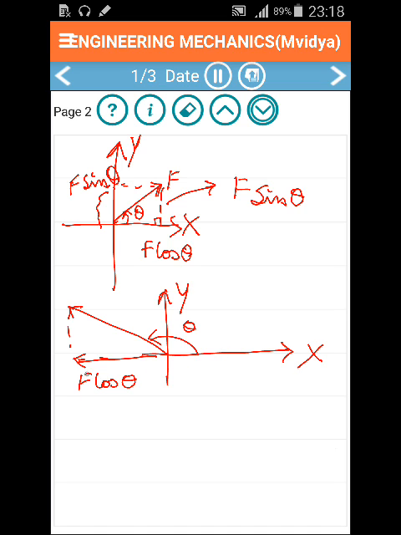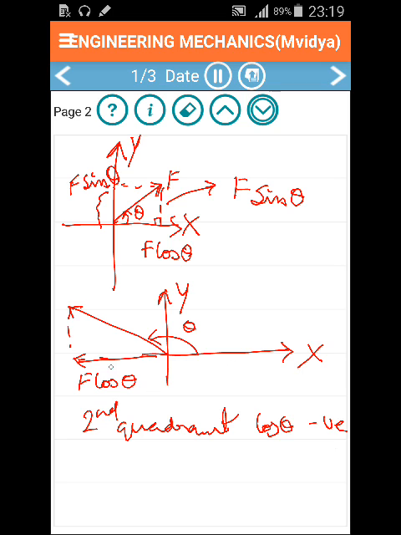Please note, f cos theta is pointed along the negative x-axis. So theta being greater than 90 but less than 180, in the second quadrant, cos theta is negative.